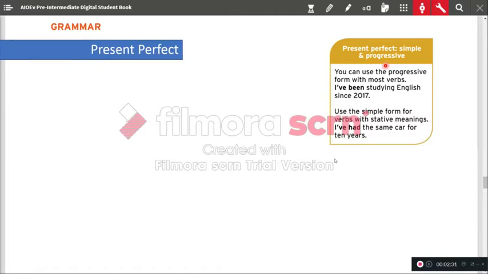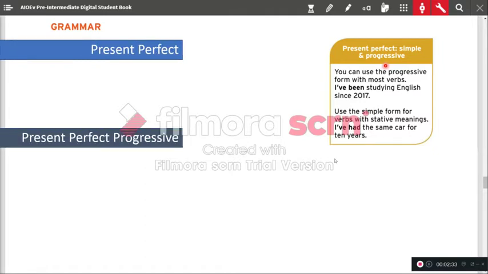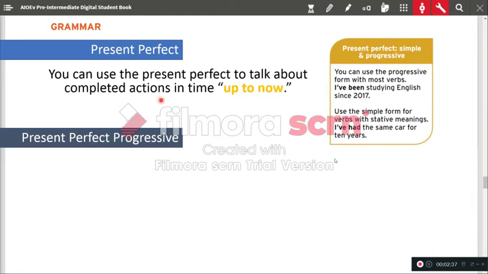The present perfect that we already know is the one that we use to talk about completed actions in time up to now. For example, the band has recorded 6 albums by these years. Okay, so by this year up to now, they have done this. Okay, so we already finished this action by this time.